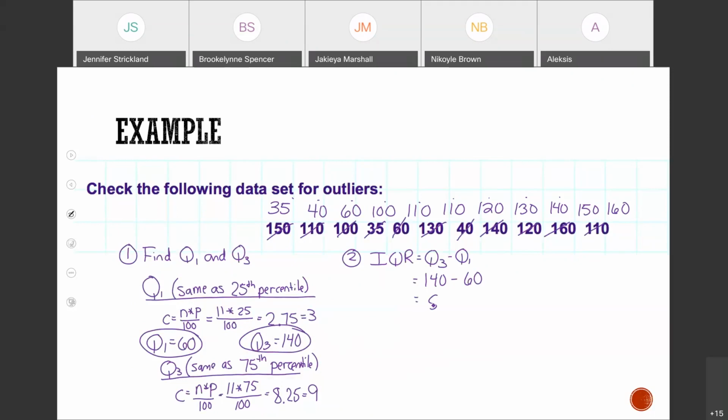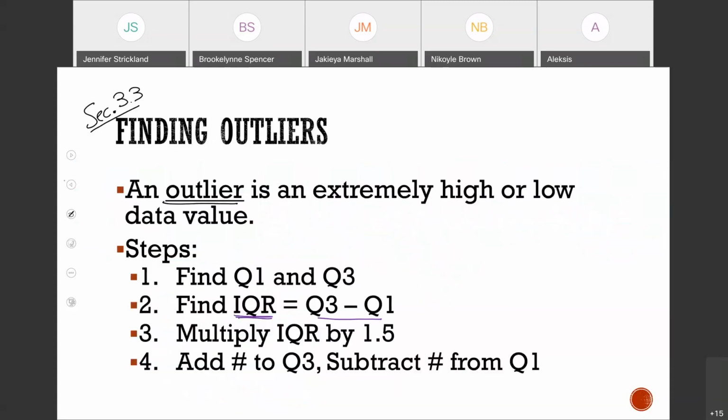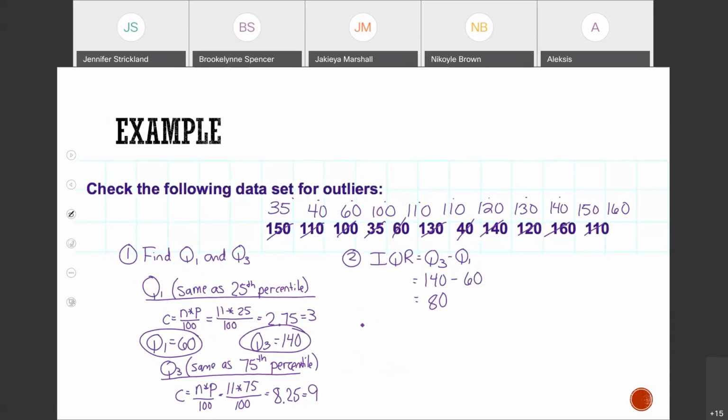And that's going to give me 80. All right, the third step is to take that IQR and multiply it by 1.5. So for the third step, I am going to take the 80 and multiply by 1.5. That gives 120.